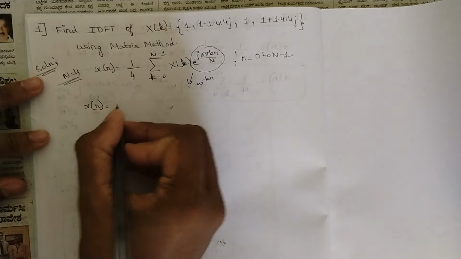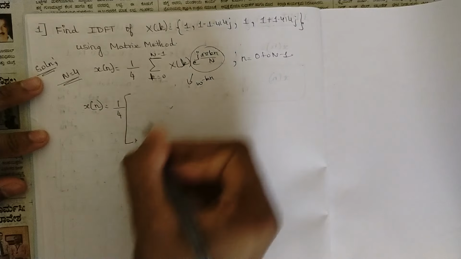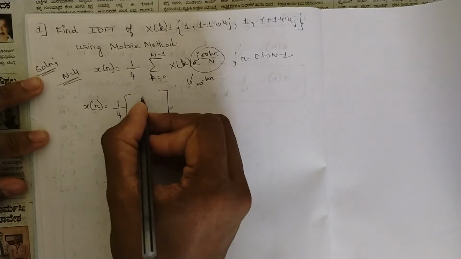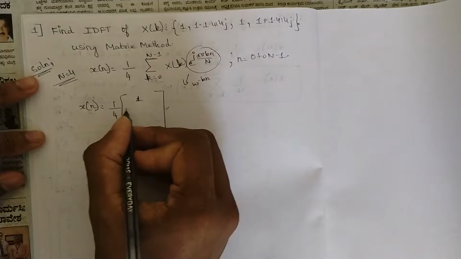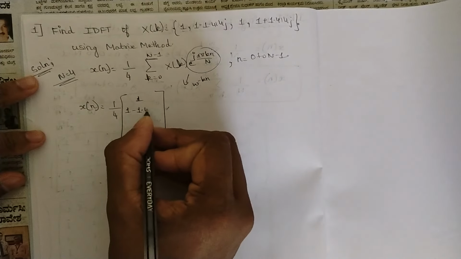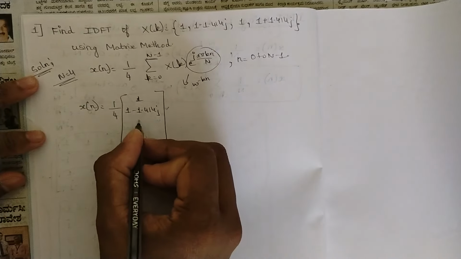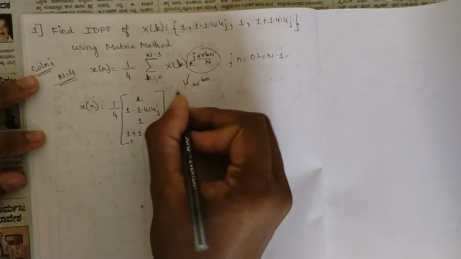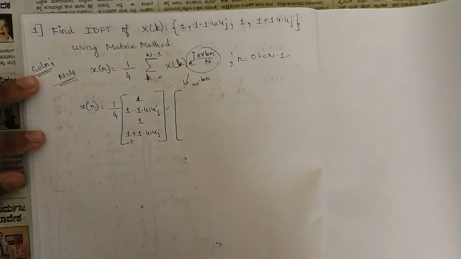x of n is 1 by 4, and this summation would be split down into all these values we should be substituting, that is 1, 1 minus 1.414j, 1, 1 plus 1.414j. Okay, so here you should be writing a 4 cross 4 matrix.